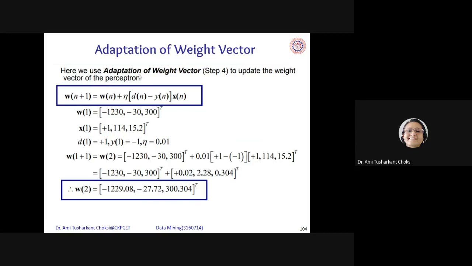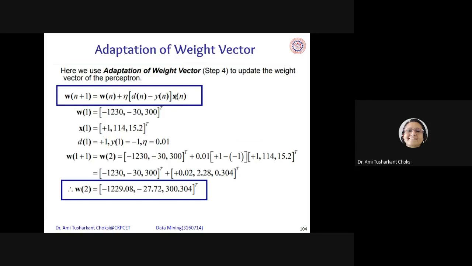Here we use the adaptation of weight vector to update the weight vector of the perceptron. So how do we do that? W(n+1) is equal to W(n), whatever is the current weight, plus eta, the learning parameter, times (d(n) minus y(n)), desired output minus actual output, times X of n. X is known to us, that is the input.